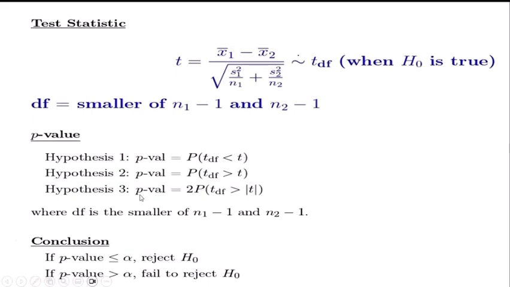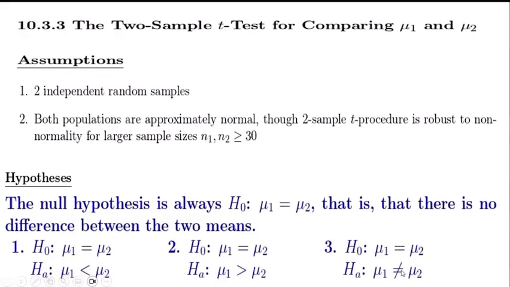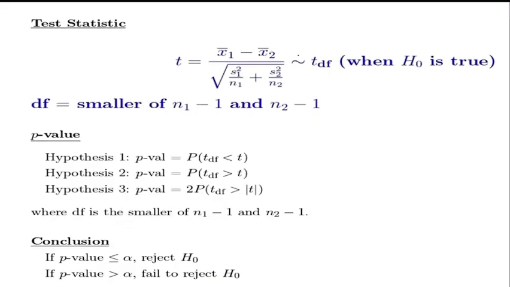If the hypothesis is greater than, it's going to be that. And if it is not equal to, a two-sided test, the p-value is going to be 2 multiplied by that. I'm going to show you how to figure this out using our software.